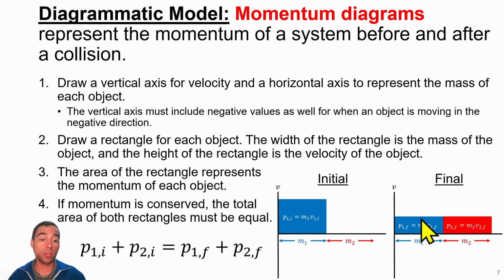And that's why when the two objects end up sticking together, they will lose some velocity, but they will both move together. And when their masses add up and we think about their individual velocities, the total area here, which represents the total momentum, should be equal to the total area here, which represents the total momentum. So that's how you create a momentum diagram. This is a way of representing momentum conservation visually.